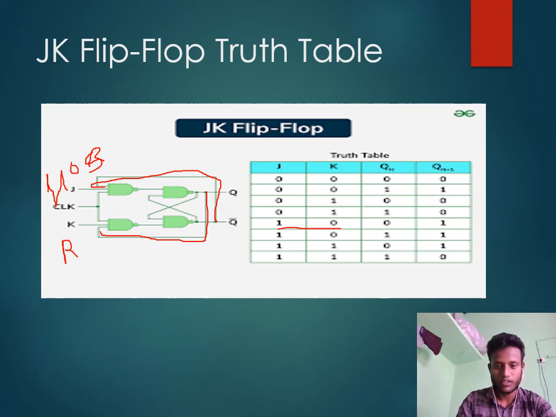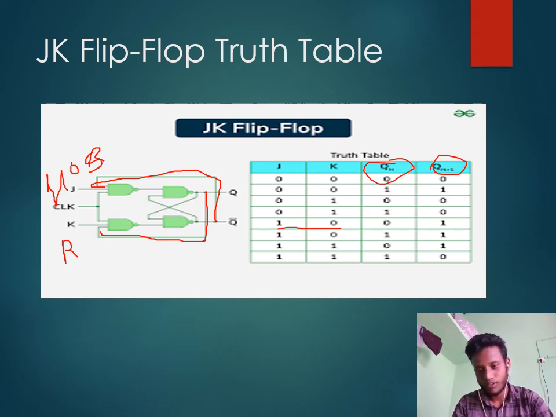When you give 1 to J, it is the set condition, with 0 to K, and 1 to K it is the reset condition.